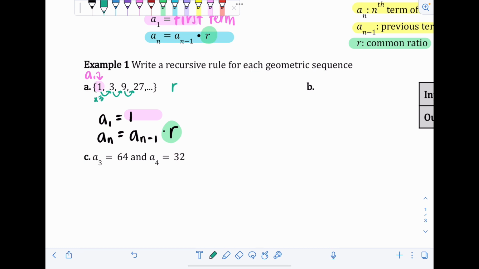That means r would be 3, and that goes in there. So I'm going to take that r out and drop the 3 in. And that's all we need to do for writing a recursive rule, so we're done there. So a_1 equals 1, and then the second line is a_n equals a_(n-1) times 3.